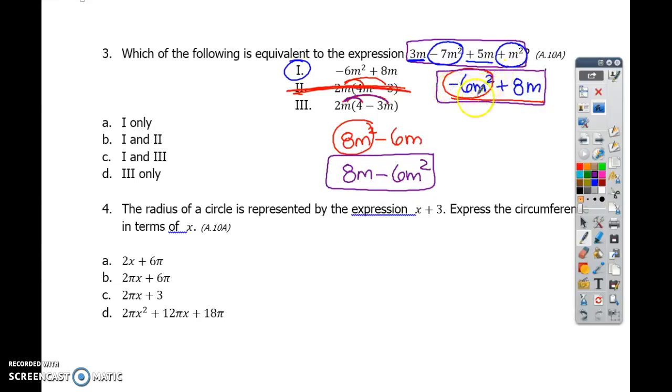It's a negative 6m squared. Here we go, negative 6m squared. And then there's a positive 8m and a positive 8m. So that's also equivalent to the expression that we started with. So it's going to be Roman numeral 1 and 3. The answer is C. We're not doing problem number 4, so make sure that you cross it out.